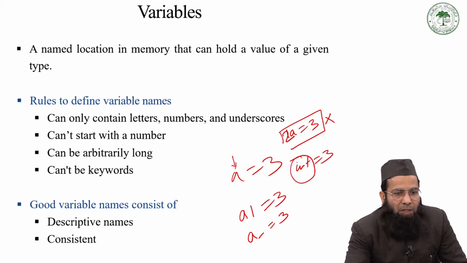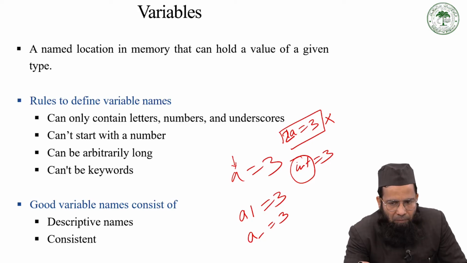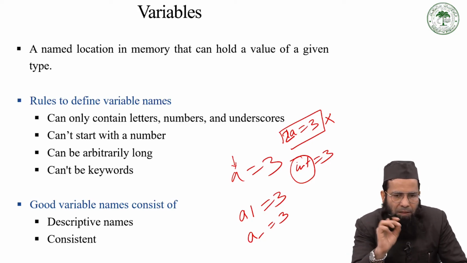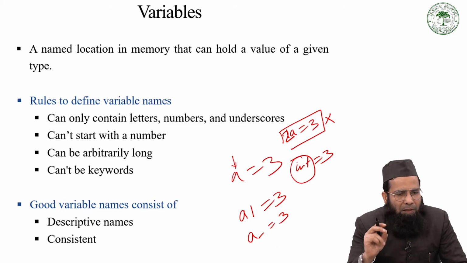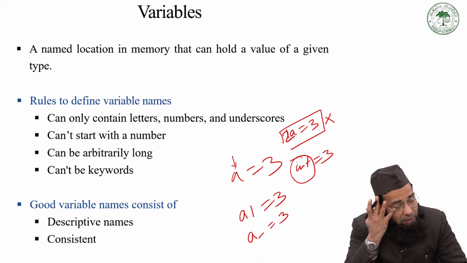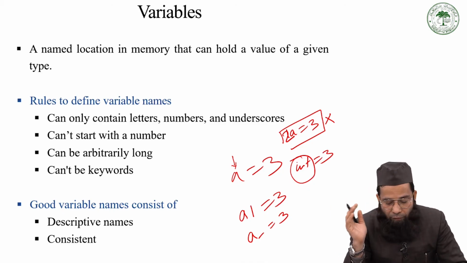A good variable name consists of descriptive names and is consistent. Descriptive name means that by looking at a variable, you should at least be able to guess the purpose of this variable, and it should be consistent throughout the programming for a particular project. The name should be in a consistent form.